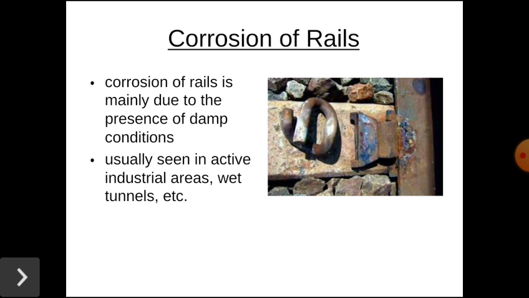Next one, corrosion of rails. Corrosion is usual in any ferrous material when in contact with damp conditions. It is usually seen in industrial areas, wet tunnels, and any area with moisture content.